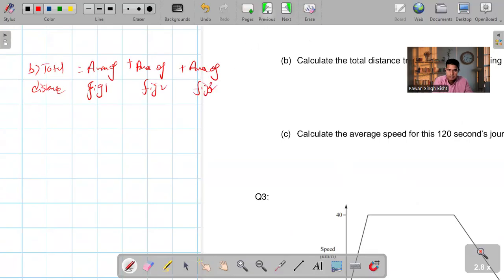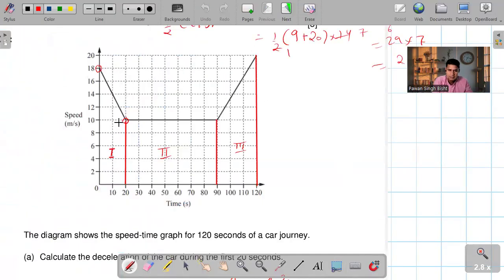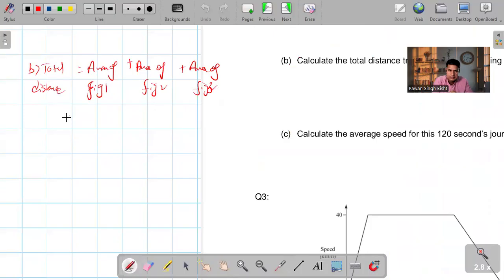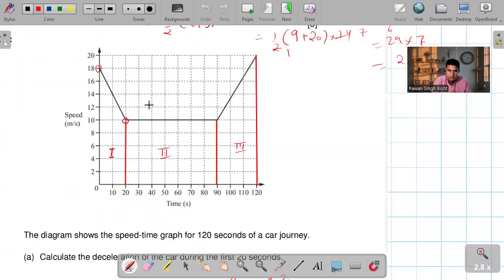Figure 1 is a trapezium, same formula, half a plus b times height. Now here these two are parallel sides, 18 and 10. Formula is half a plus b times h, plus length times breadth, plus again half a plus b times h. Two trapeziums and one rectangle, values will be different.